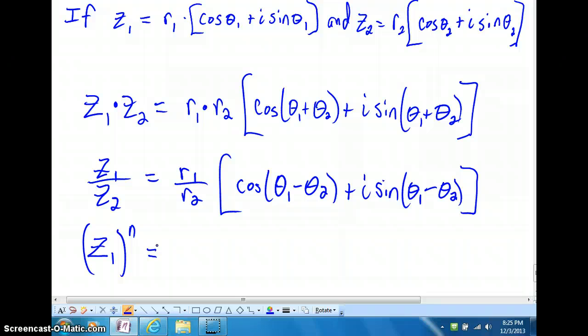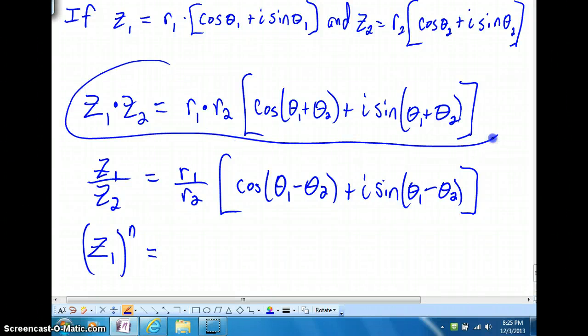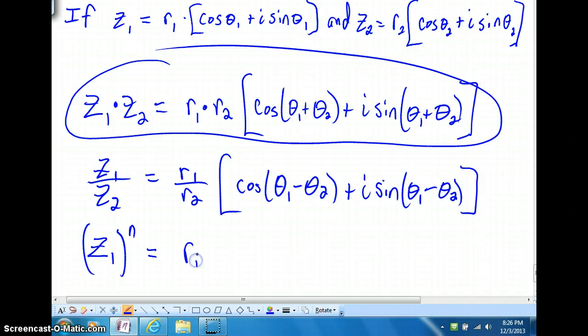So we're really going to go back to this first rule of multiplication. It's just that our R1 and R2 are going to be the same value, of course. And we'd be doing this however many times. So we would just say it's R1 to the nth power.